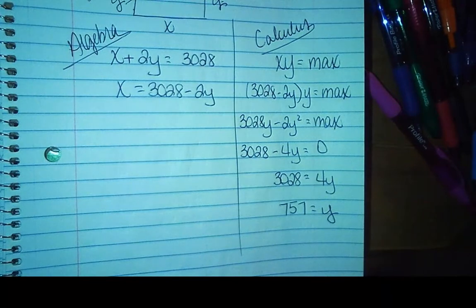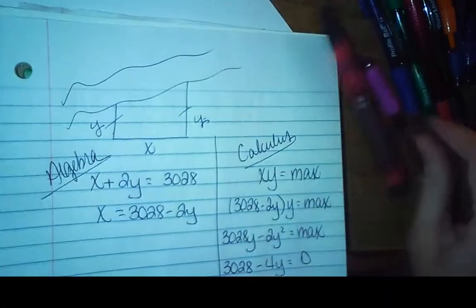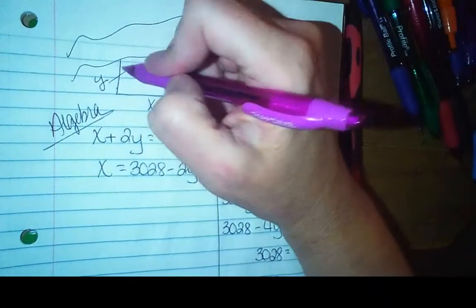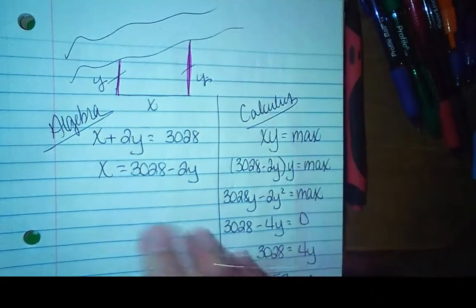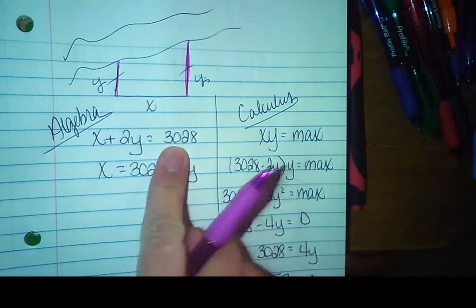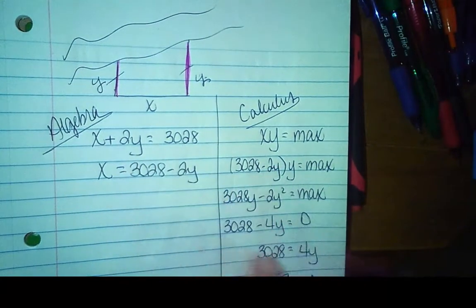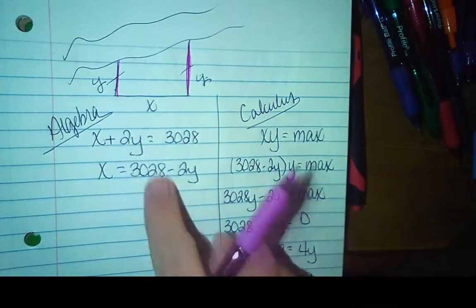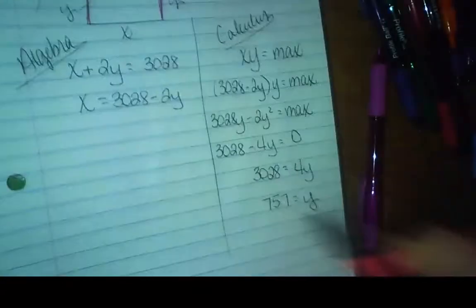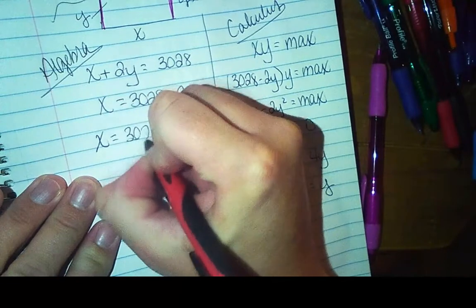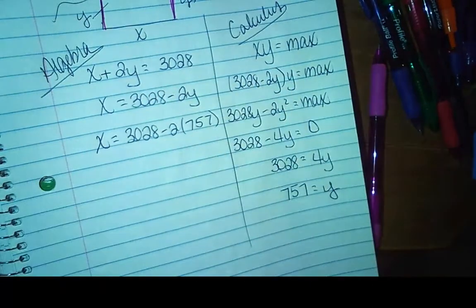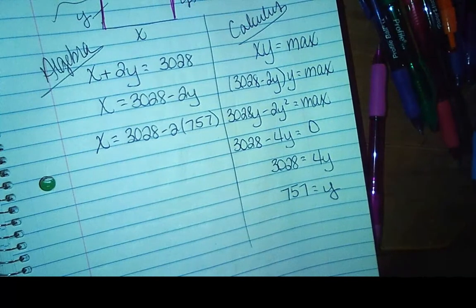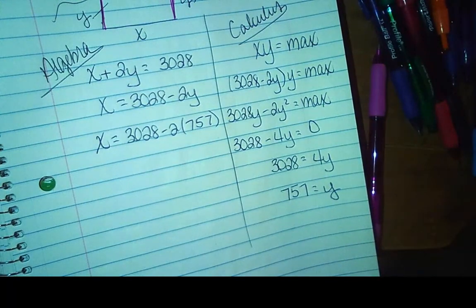I need 757 yards. So this part is 757 and this part is 757. Well, I can only use 3028. So shove your y value of 757 into here. So x is going to be 3028 minus 2 times 757, which I will not attempt to do in my head.